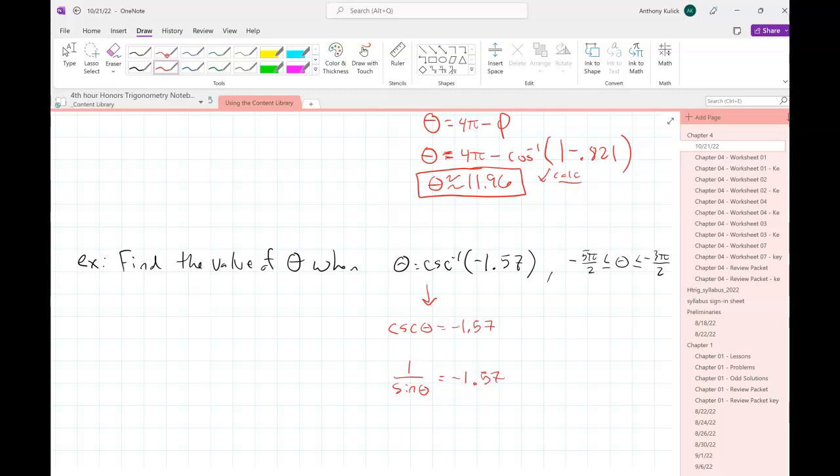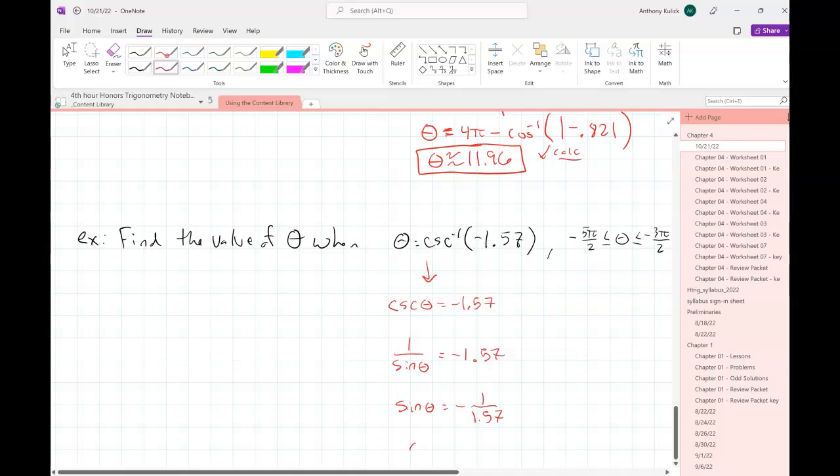Everybody agree? Okay. So then if I flip both sides of my equation, I get that. That's okay still, right? Does everybody agree? And this is equivalent to saying then sine inverse of negative 1/1.57.